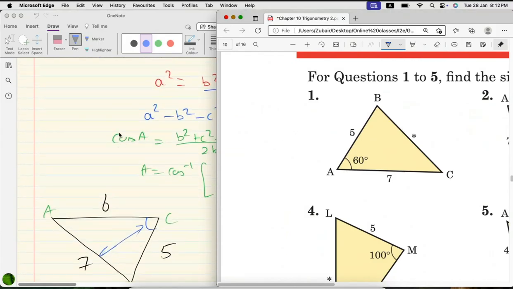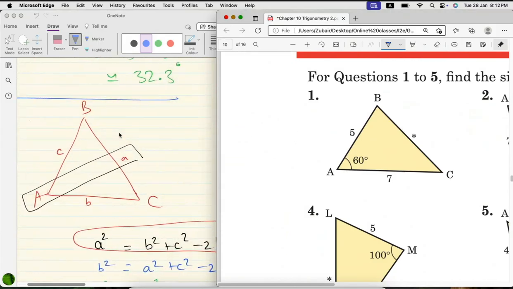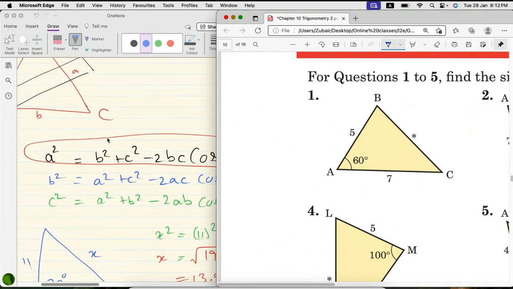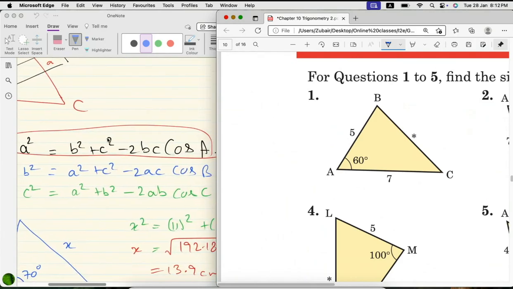If you wish to see the formula, it is right here. You can discuss if you face any problem.